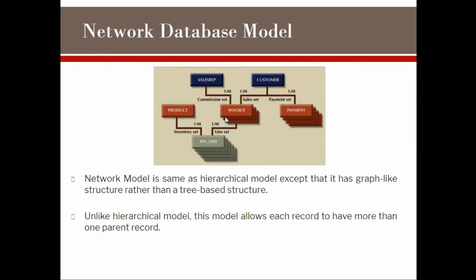Okay, so here you can have more than one parent entity or a record, and over there you have one parent multiple child, one parent multiple child class. But in network you could have multiple parent connected to one subsection of the entity that is present in your database. And that's about your network database model.